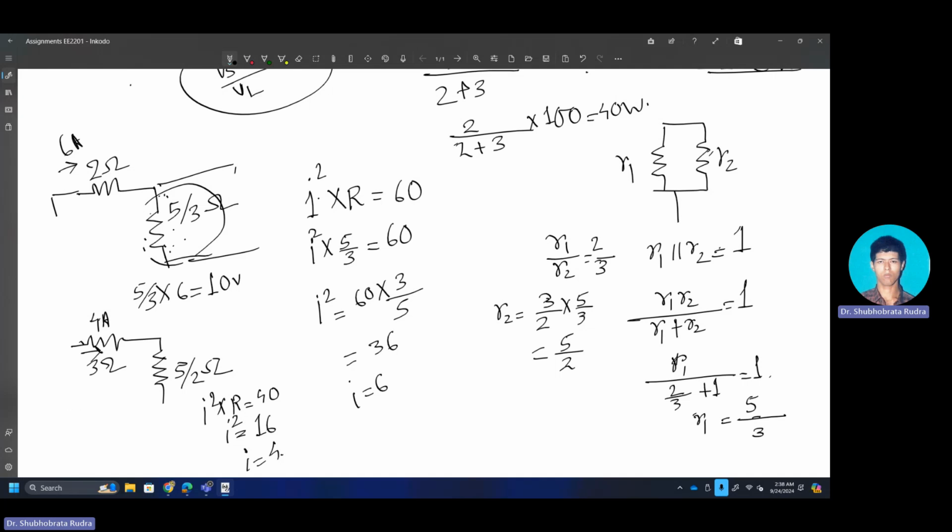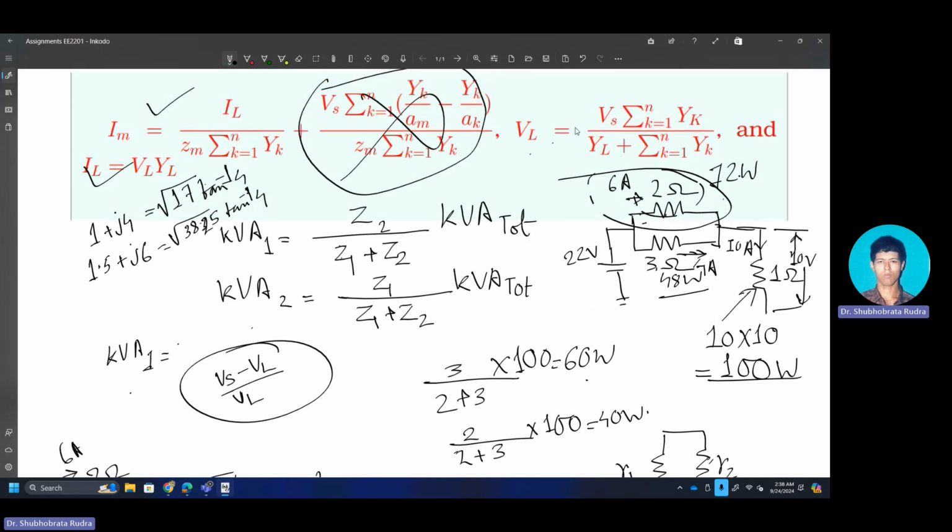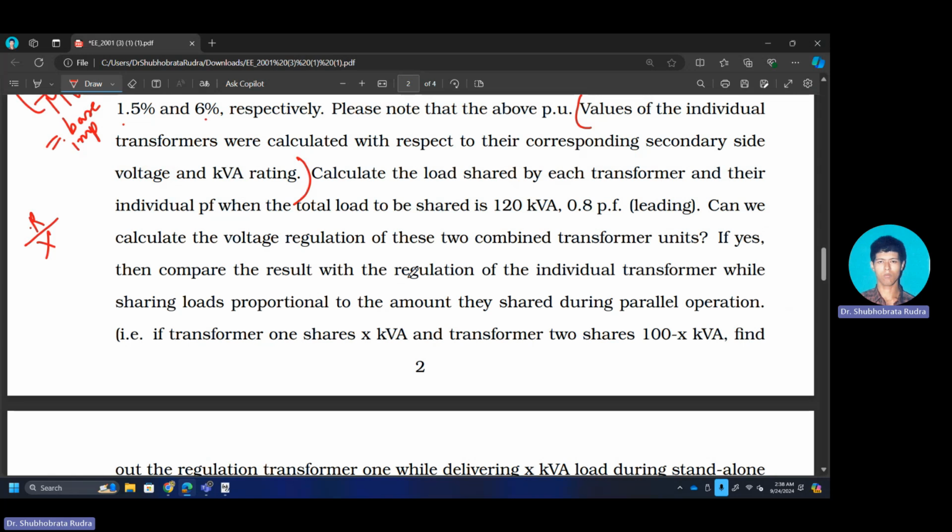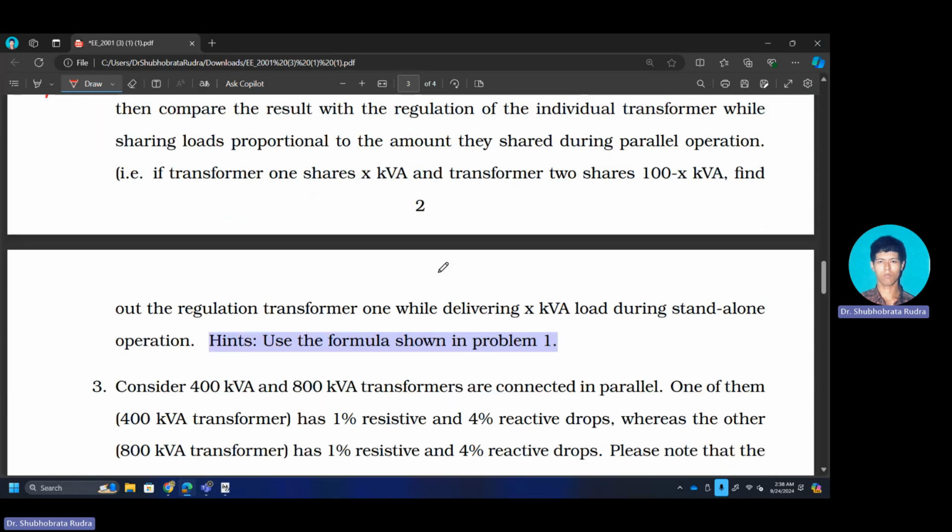So if both the transformers are sharing load proportional to their KVA rating, their regulation will remain the same, right? It's not that we will have any difference in their regulation. Whatever regulation they share, the transformers sharing load proportionally will have the same amount of regulation here.